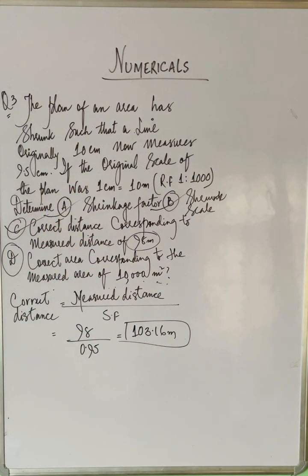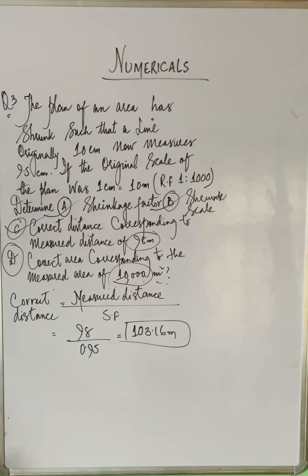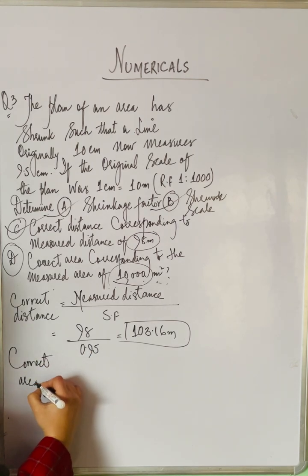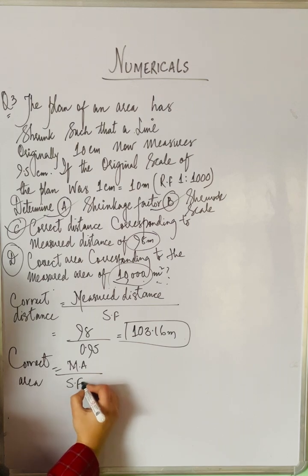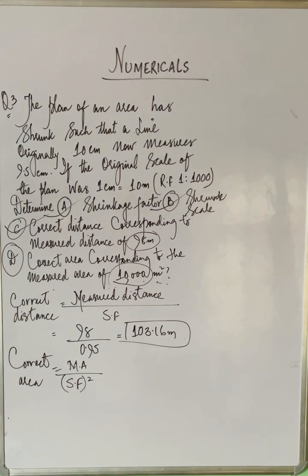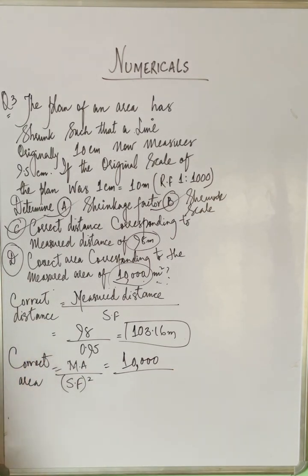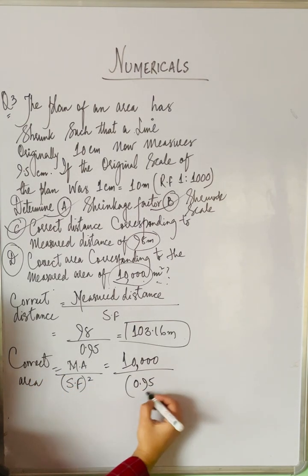Now we have to determine correct area corresponding to the measured area of 10,000 square meters. And as we know, correct area is given by measured area divided by square of the shrinkage factor. Right? What is our measured area? It is 10,000. What is our shrinkage factor? 0.95, square of it.